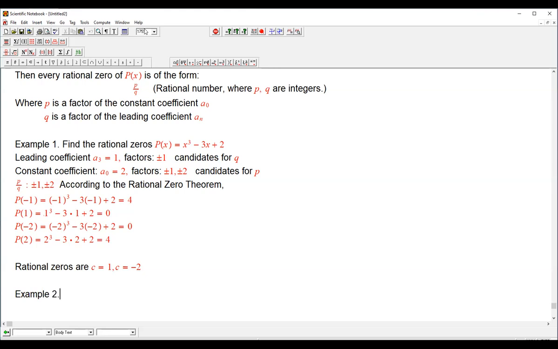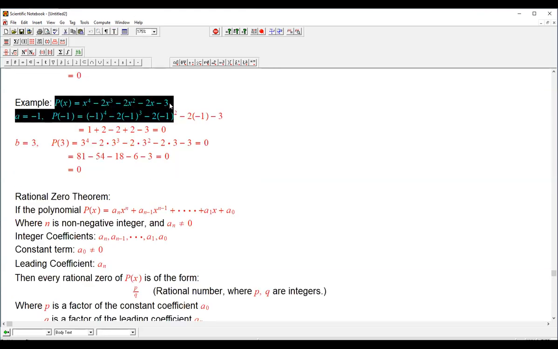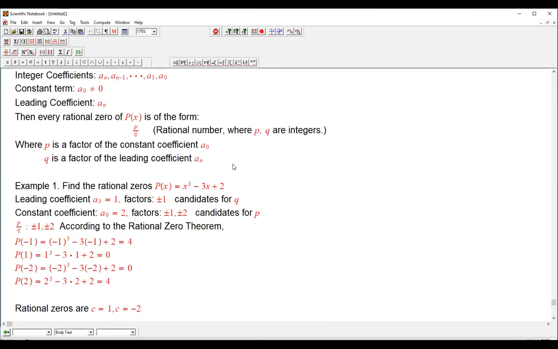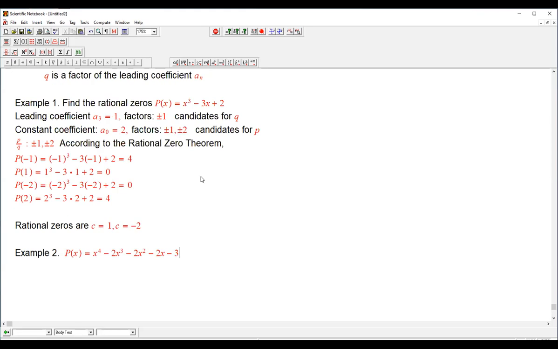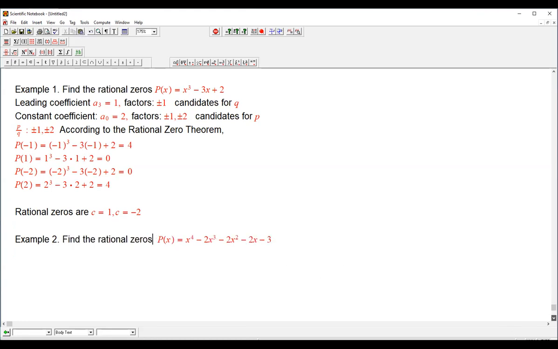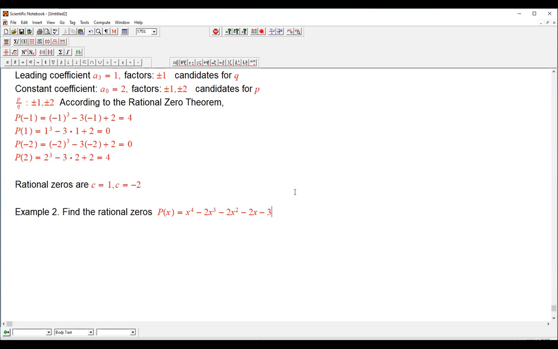Example number 2. This time I'm going to use the other example right here. This time it is degree 4, and we're going to do the same thing: find the rational zeros. If you like, you may pause and try on your own. What is the leading coefficient?